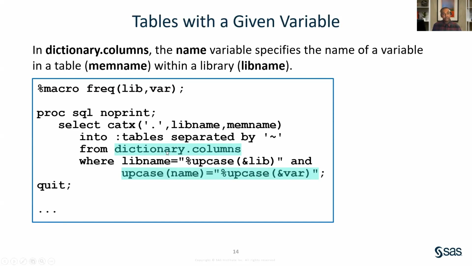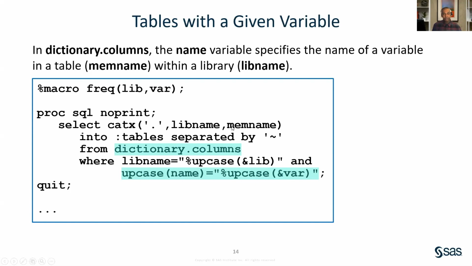We have an additional dictionary file called dictionary.columns. As I said, it has information on every column in every data set in every library in your session. In this macro program called freq, I have two parameters, one for the library, one for the variable. In my PROC SQL, I am concatenating with the delimiter dot the libname and the member name. For example, a library reference and a table name.